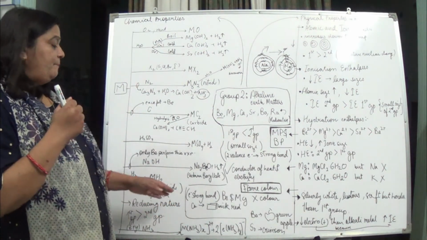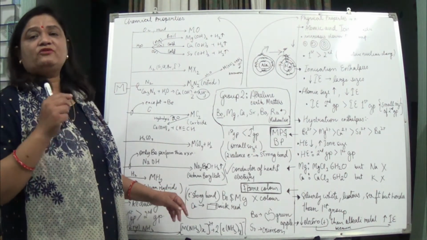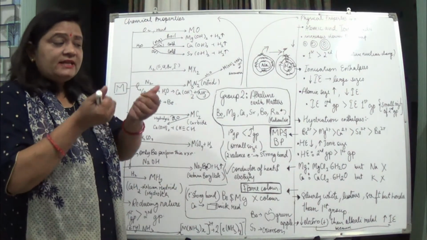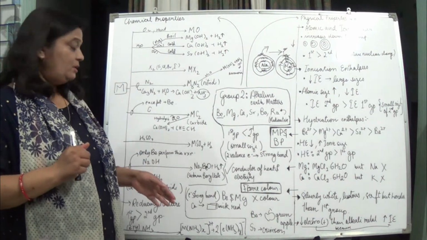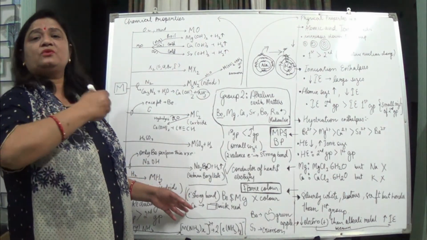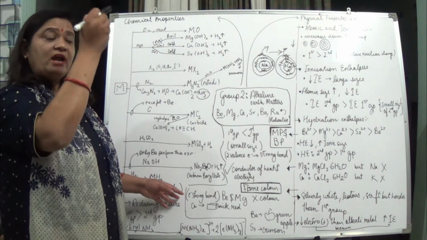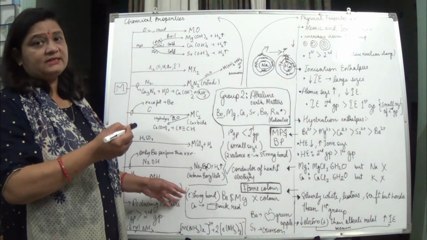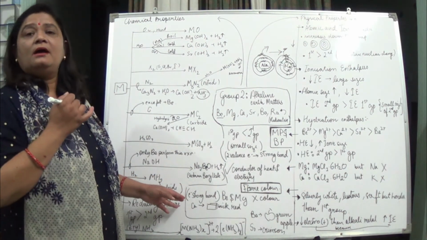Suppose the salt of calcium is there. Naturally, when we take this salt in the flame test, the heat of the flame excites the electrons of calcium, and when they come back to the ground state, they emit radiation of a specific color in the visible region.